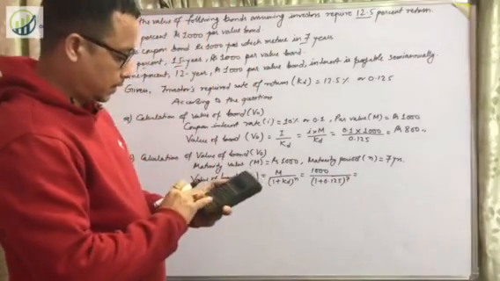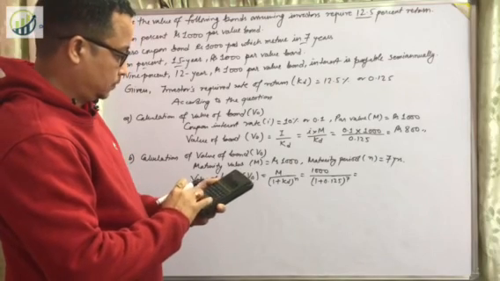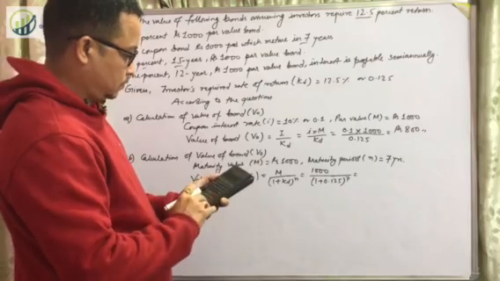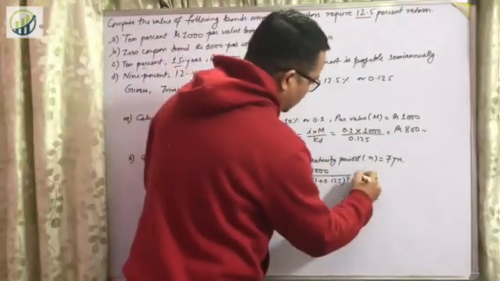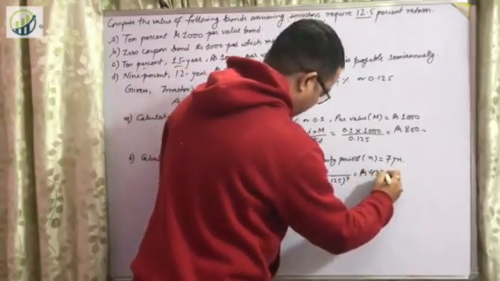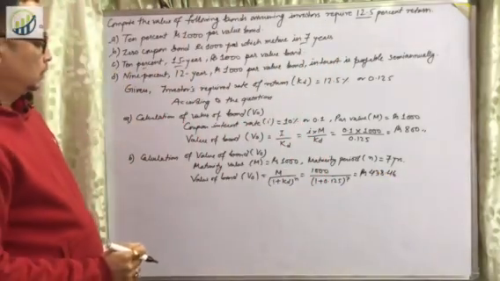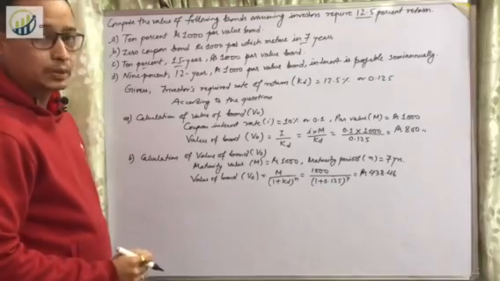So let's find it. So it is 438.46. This is the value of bond for zero coupon bond.